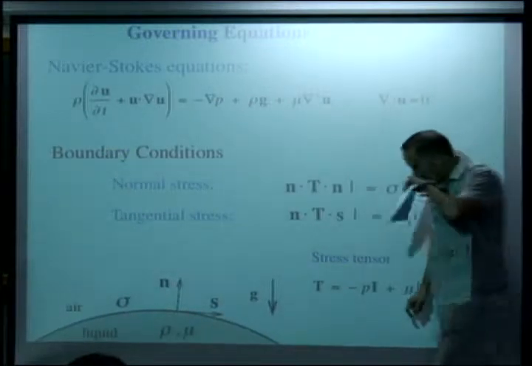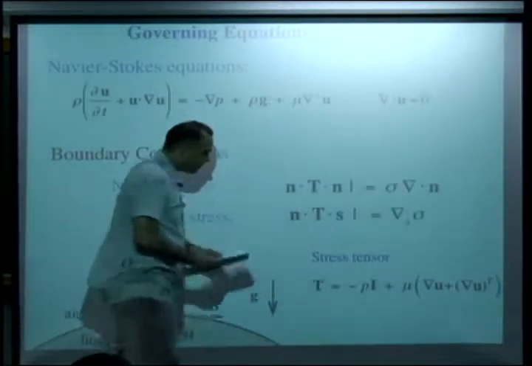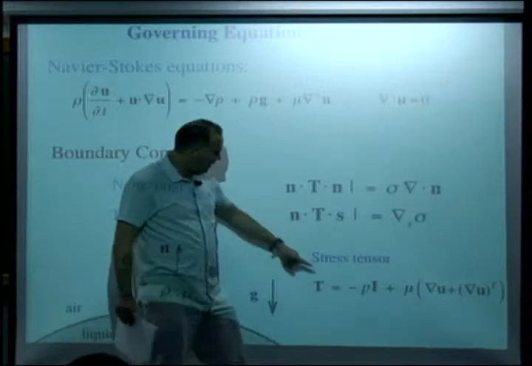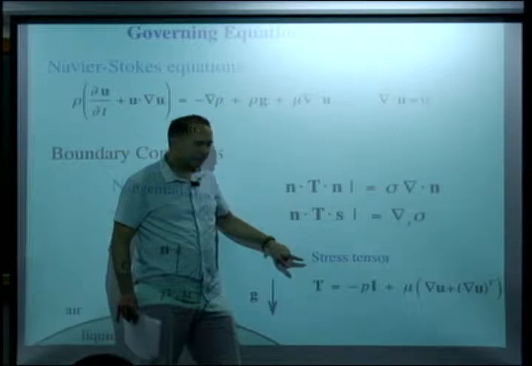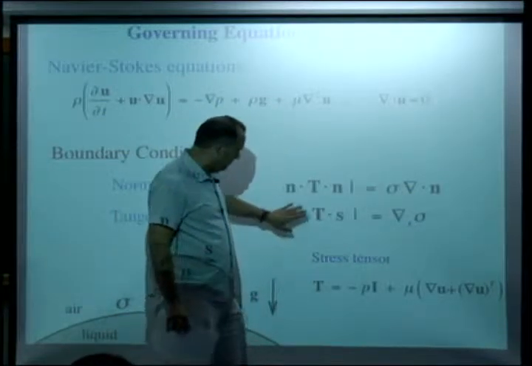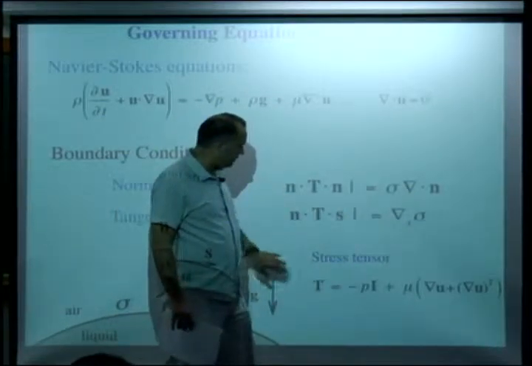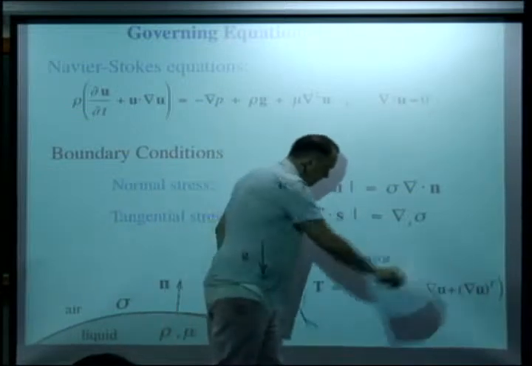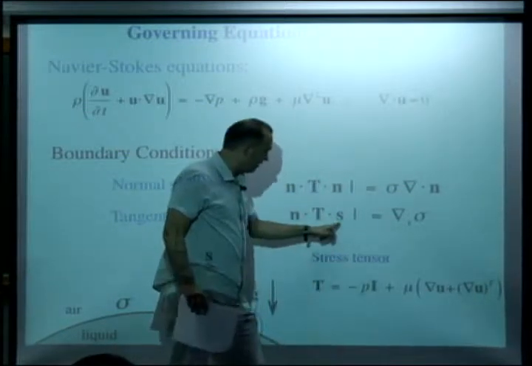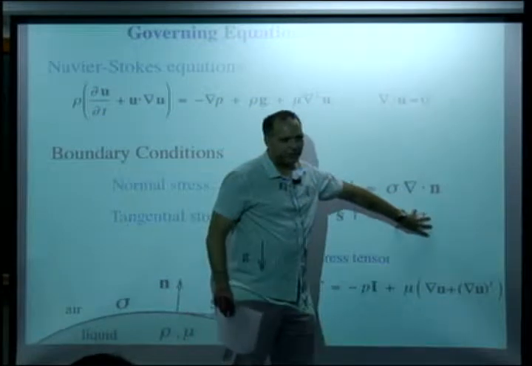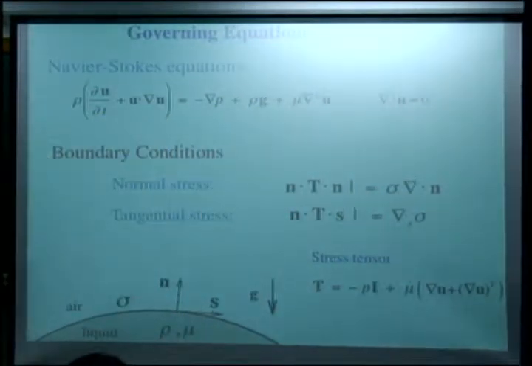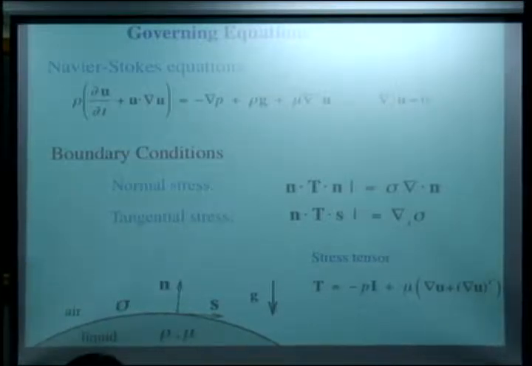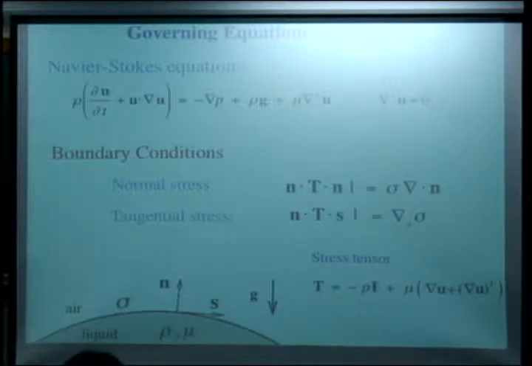We also see that n dot T dot S is 0. So if we're in a static situation, the gradient of the surface tension has to be equal to 0. This is again consistent with the conclusion we made last time, which is that you can have no static situation if there's a gradient in surface tension.